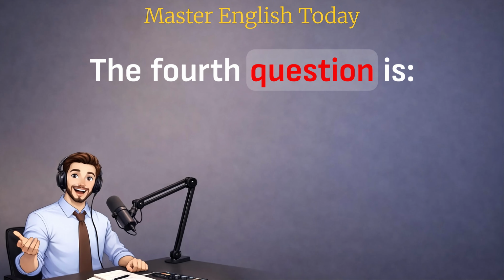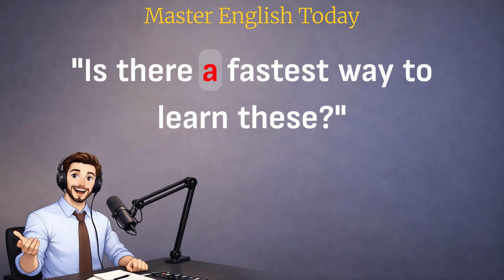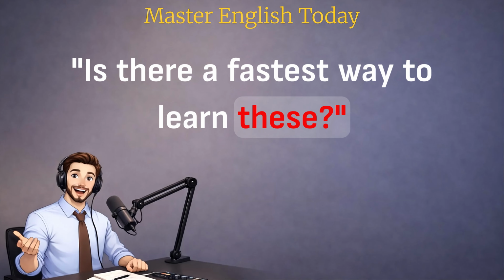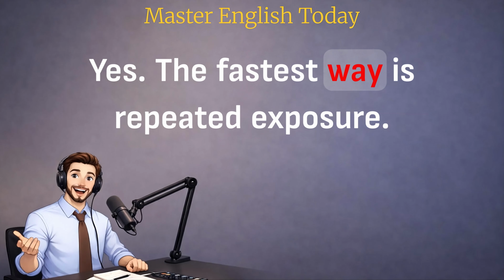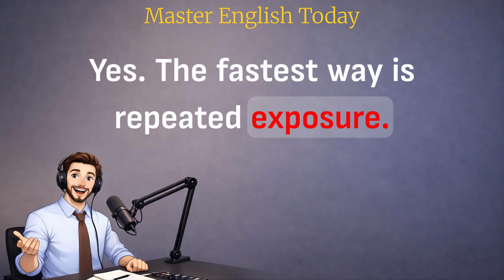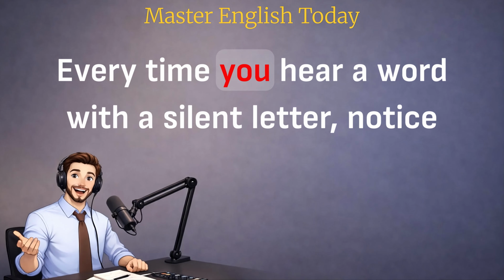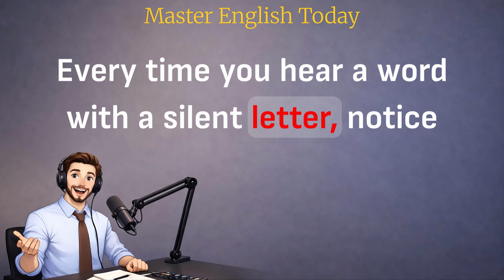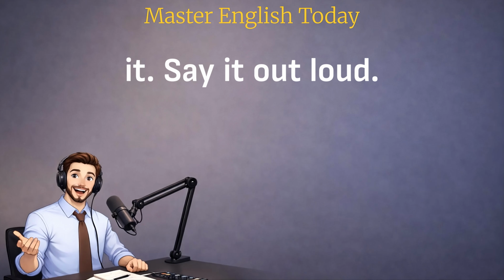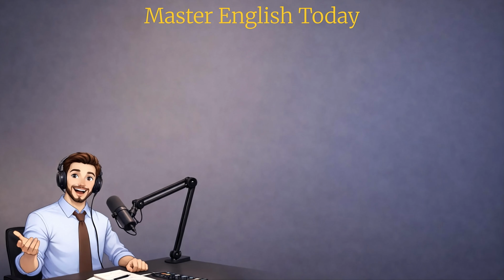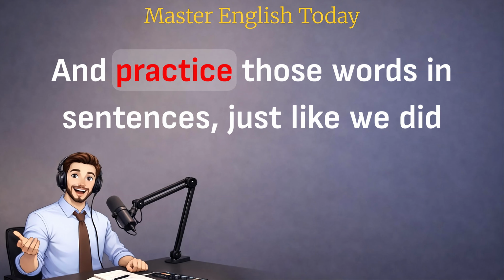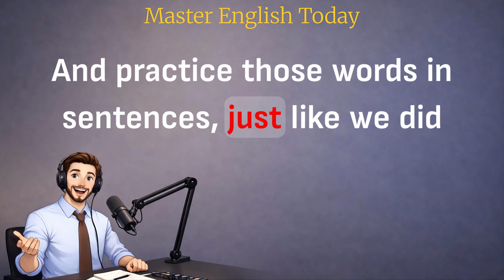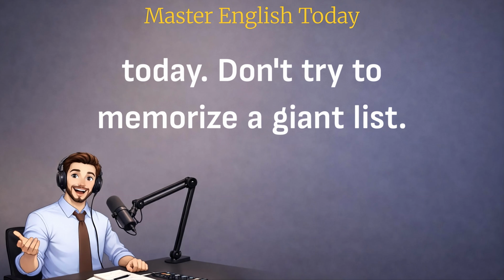The fourth question is, is there a fastest way to learn these? Yes. The fastest way is repeated exposure. Every time you hear a word with a silent letter, notice it. Say it out loud, connect the spelling to the sound, and practice those words in sentences just like we did today.